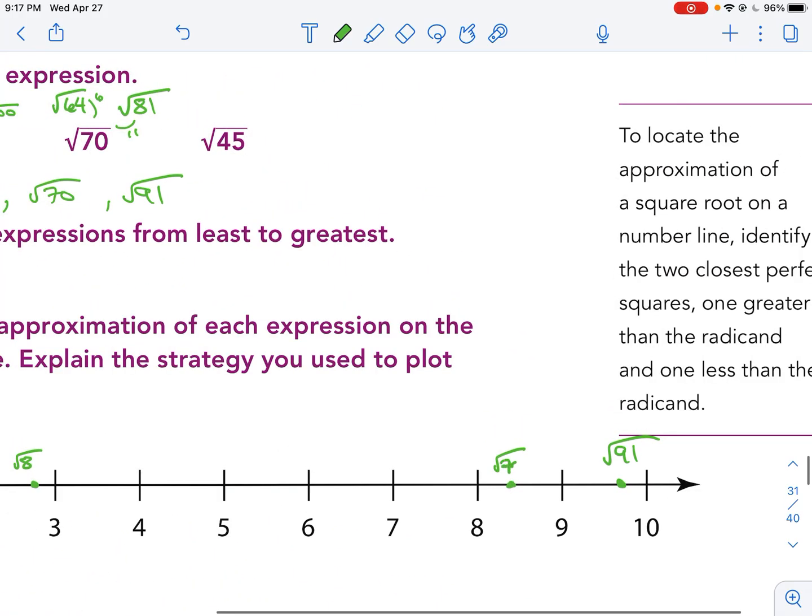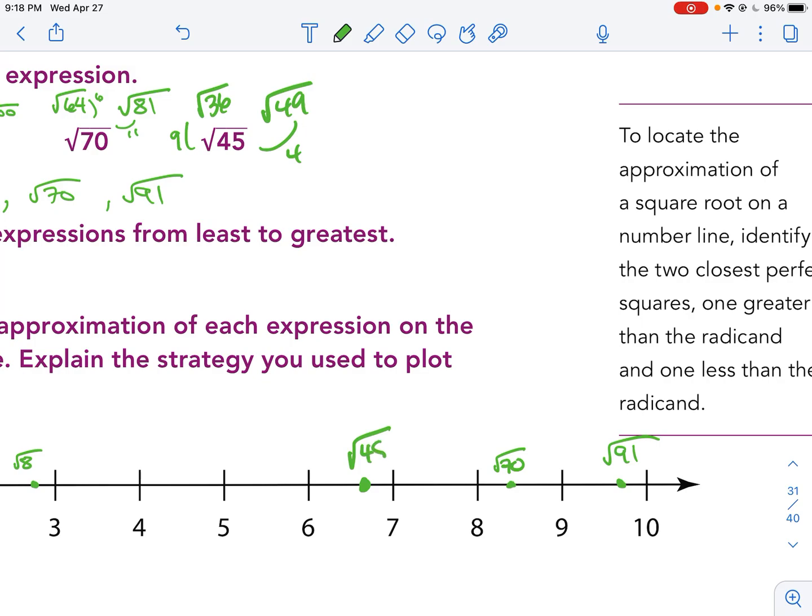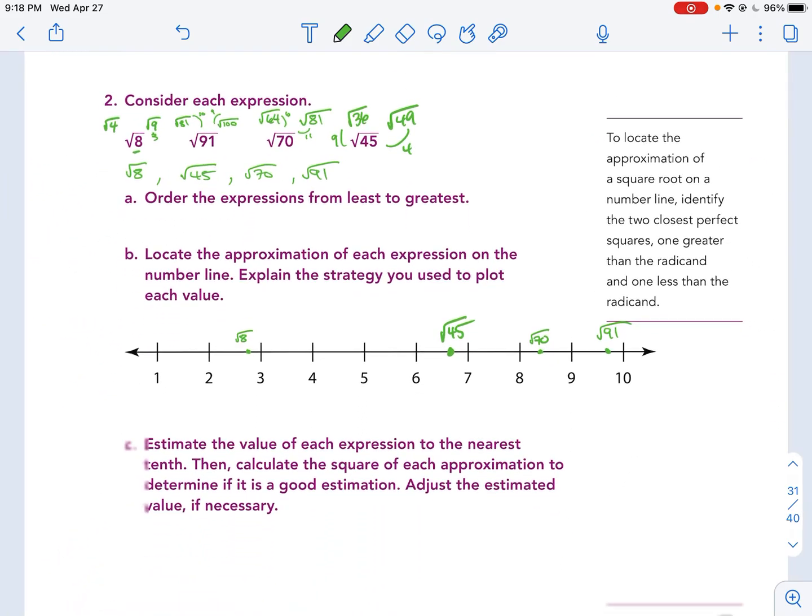Then the square root of 45, between the square root of 36 and the square root of 49. This is 4 away. This is 9 away. So it's closer to the square root of 49, which is 7. So approximately right here.